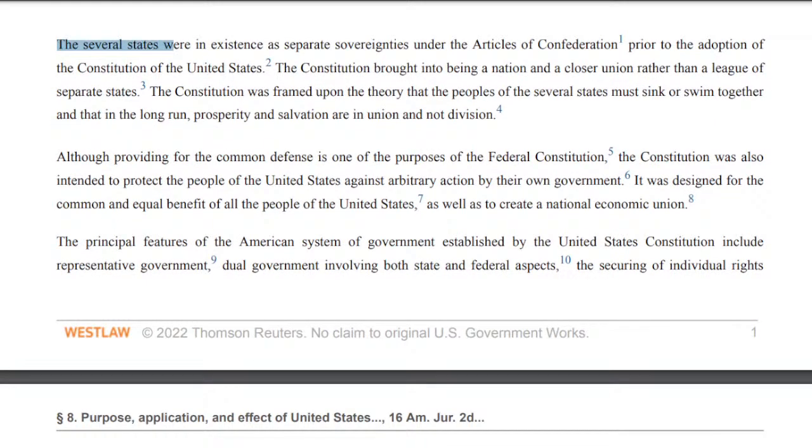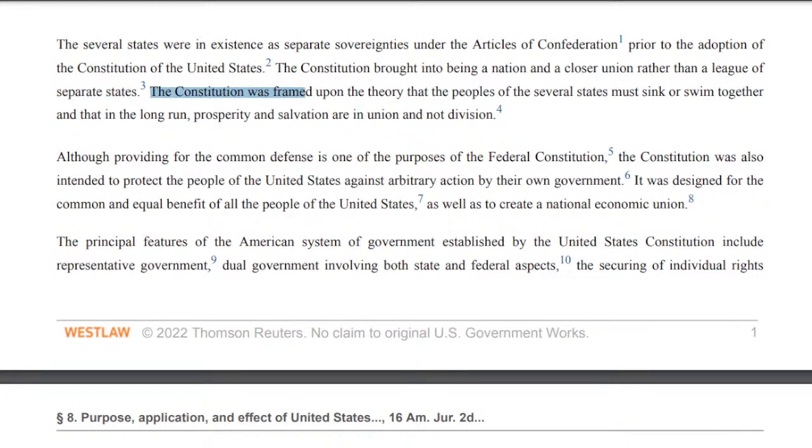The several states were in existence as separate sovereignties under the Articles of Confederation prior to the adoption of the Constitution of the United States. The Constitution brought into being a nation and a closer union rather than a league of separate states.